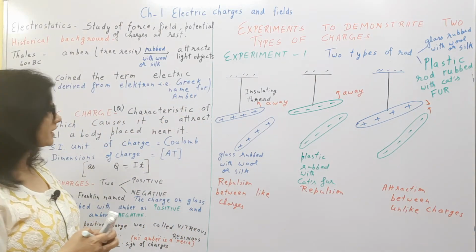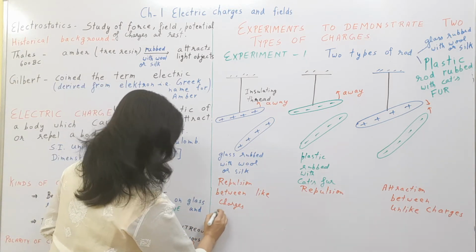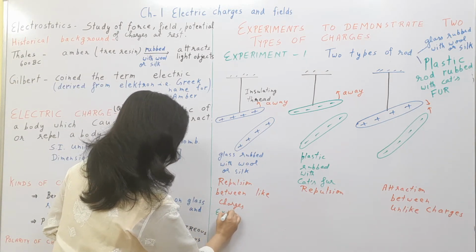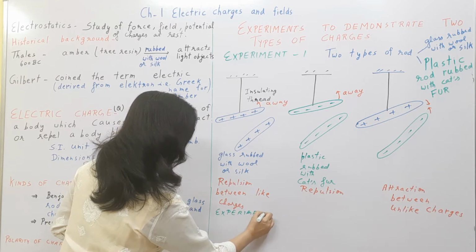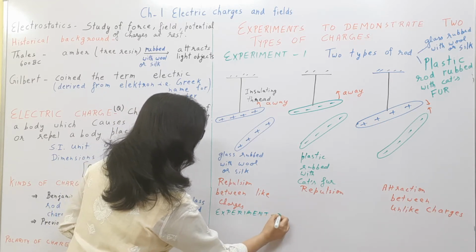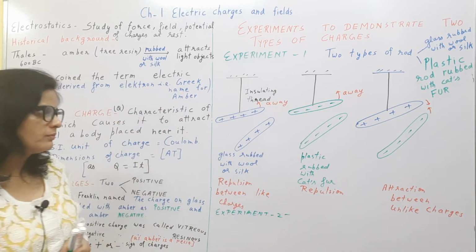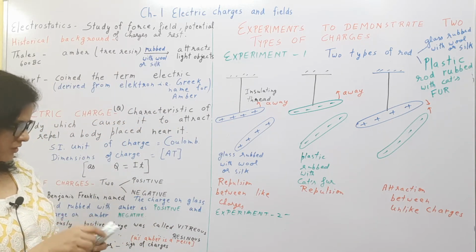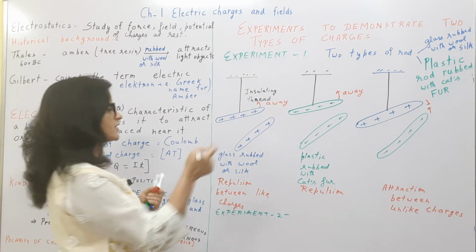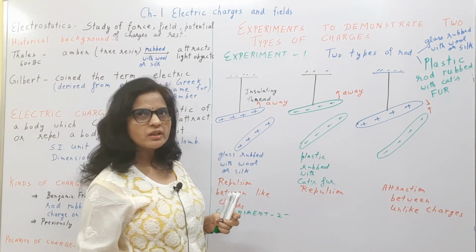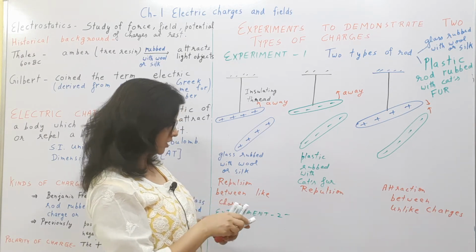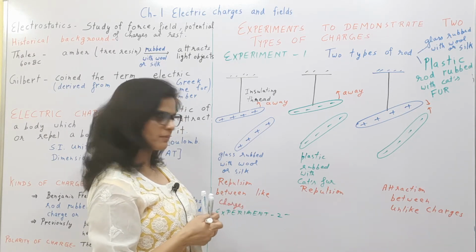So this was our experiment 1. Then we have another experiment, which is experiment 2. In experiment 2, only one thing was different, that is that this glass rod rubbed with wool or silk is kept in contact with a pith ball, right? So we have pith balls in this experiment 2.